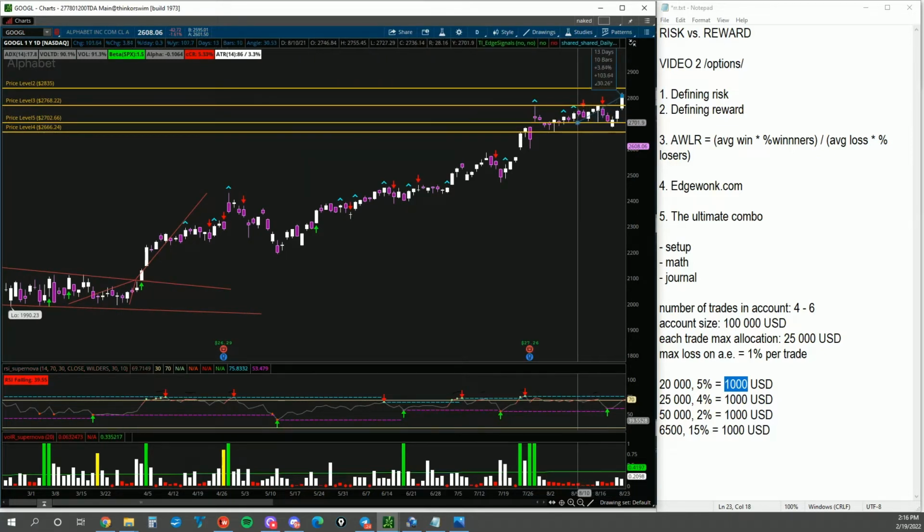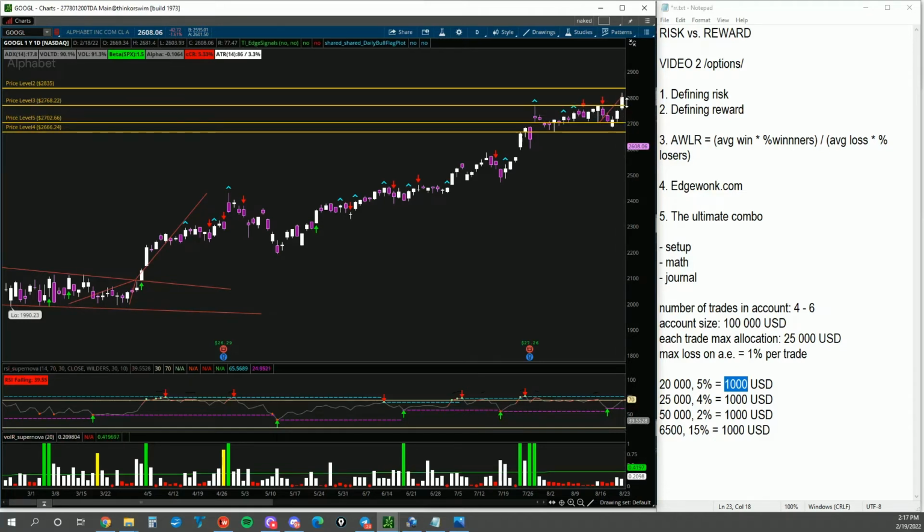As you can see in the blue rectangle up there, you're risking 3.84% if you place your stop loss right here on the low of this candle. Okay, let's just make it 4% to make it easier. So from the close of this to the low of this candle, you're risking about 4%.